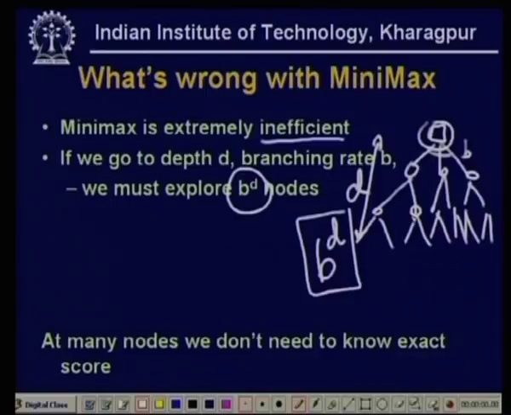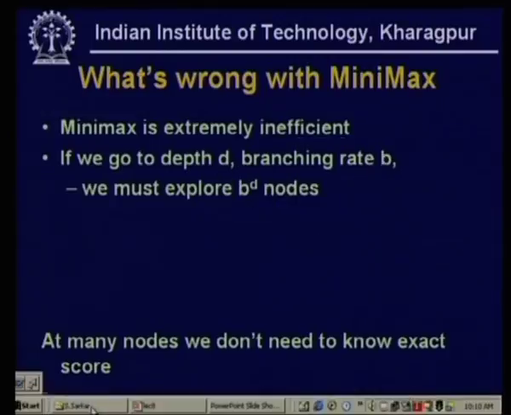So, we really just need to know the minimax value at the root node, or rather we want to know which is the best move at the root node. So, if we consider this, we show that we can devise an algorithm which expands fewer nodes than minimax does.